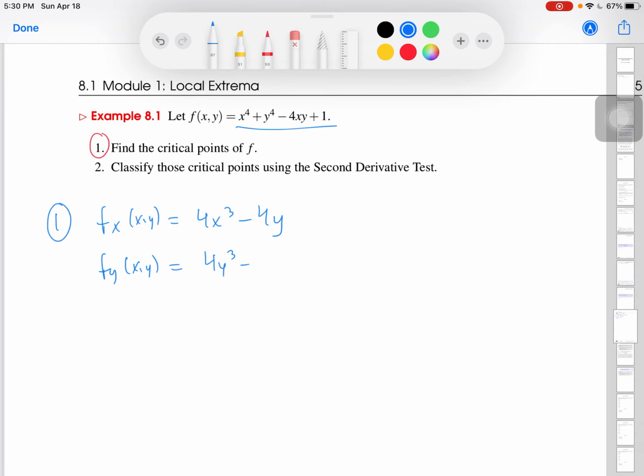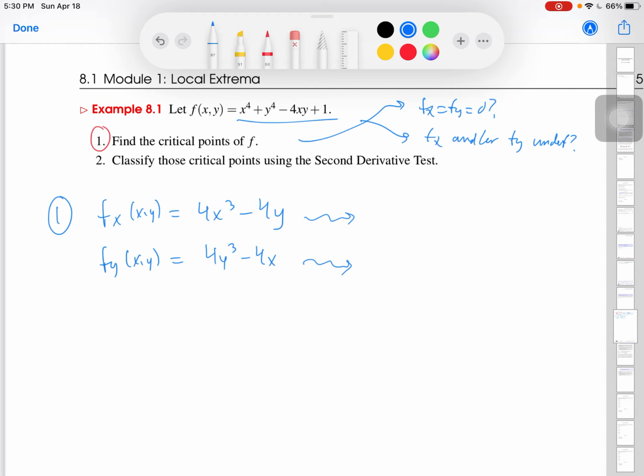And then remember, to find the critical points, I ask myself 2 questions. Where are the partial derivatives 0, the stationary points? And where are they undefined? That's going to really vary by the function. These are multivariable polynomials.